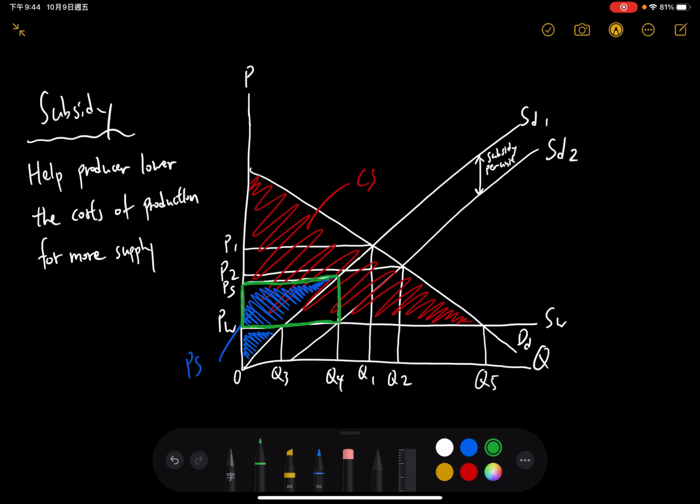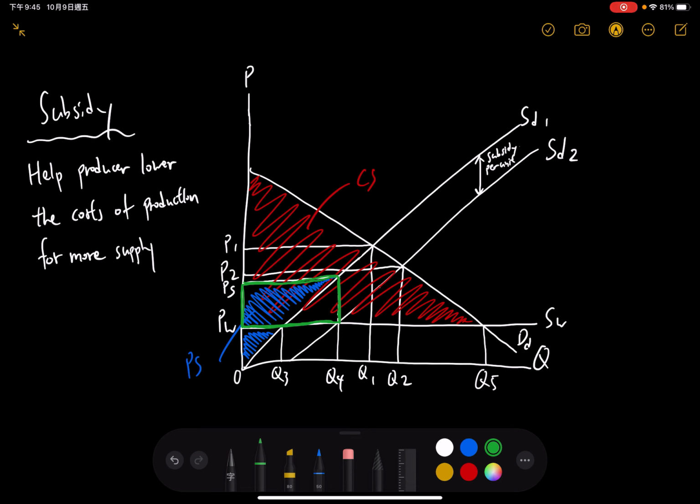If you want to find out whether the society is incurring a loss or gain, you just have to do something very simple: compare the extra gain to the cost, and then you can find out if the society has a net gain or net loss.